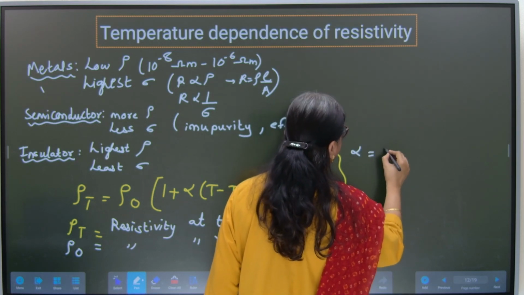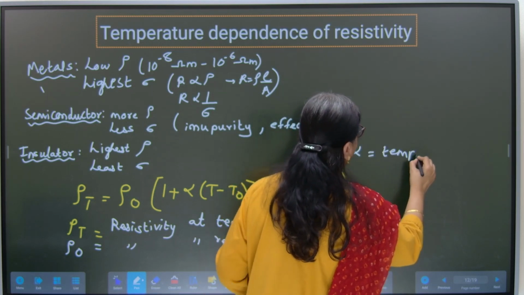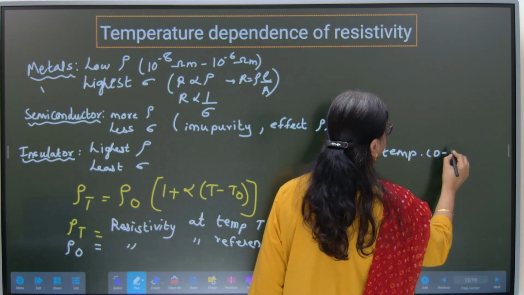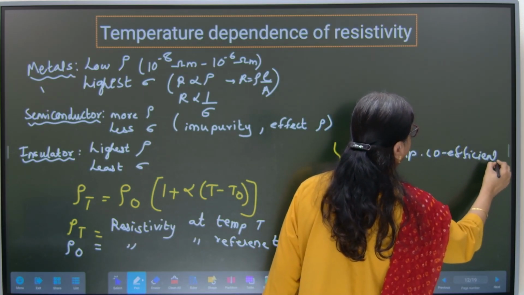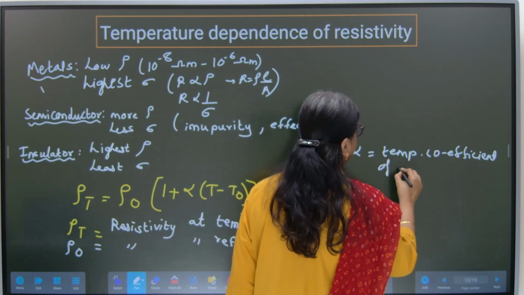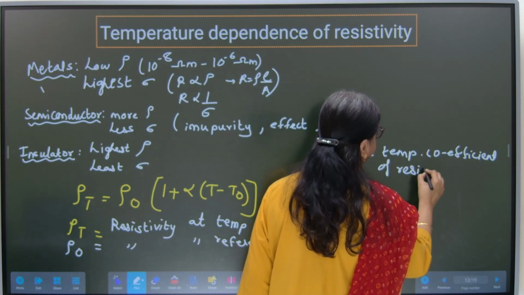alpha is the temperature coefficient of resistivity.